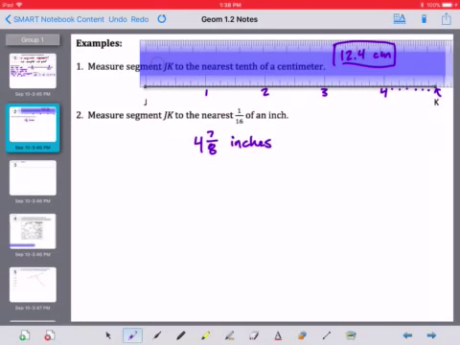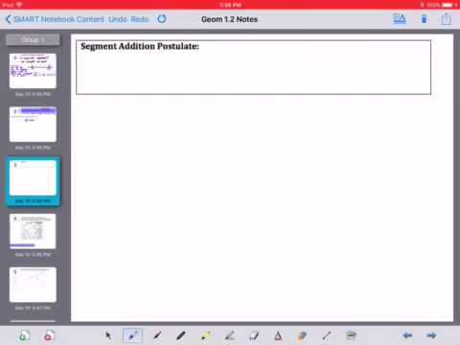Our second postulate in today's lesson is the segment addition postulate. Say you have a segment AC, and a point B between A and C. If you add up the length of segment AB and the length of segment BC, that gives you the length of segment AC.